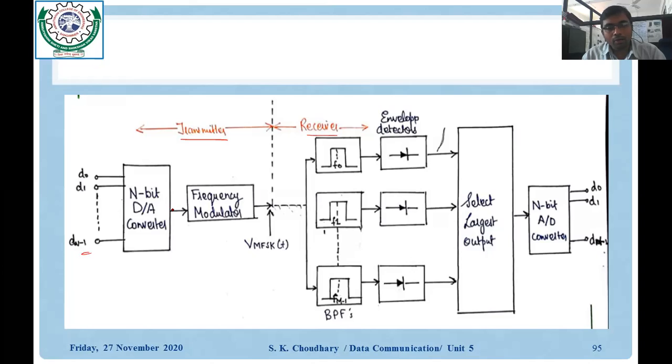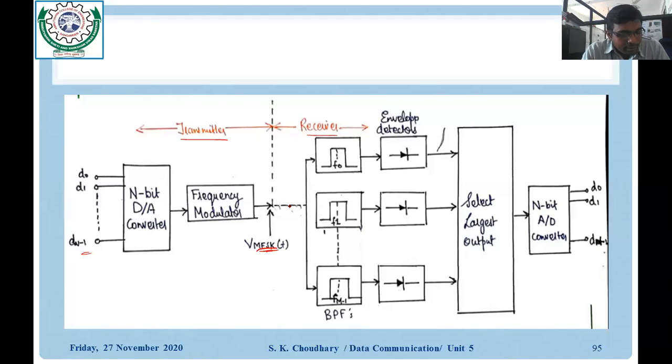The output is applied to the frequency modulator, that is nothing but a piece of hardware that generates a carrier signal whose frequency is determined by the modulating waveform. Okay, so please note down this diagram. The output of this frequency modulator is nothing but an M-ary FSK signal, and this signal is further applied through the channel, and it would be received by the receiver section.